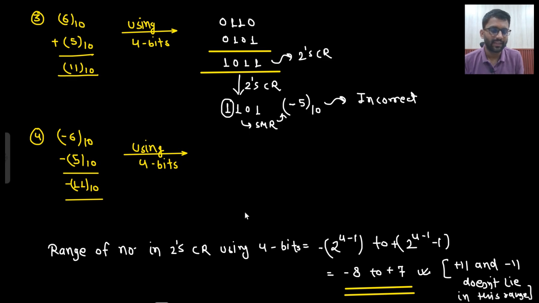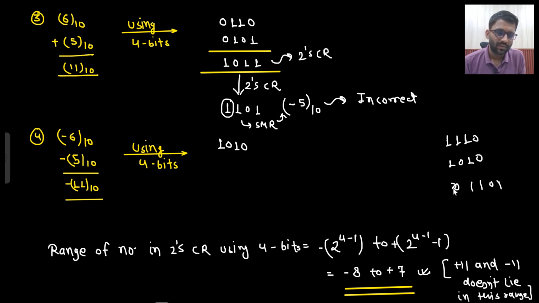So minus 6 in 2's complement form, what would that be? 1, 1, 0, so 0, 1, 0, 1, 1, 0, 1, 0. And what would be minus 5? 1, 1, 0, 1. So 1, 1, 1, 0. So 1, 0, 1, 1.